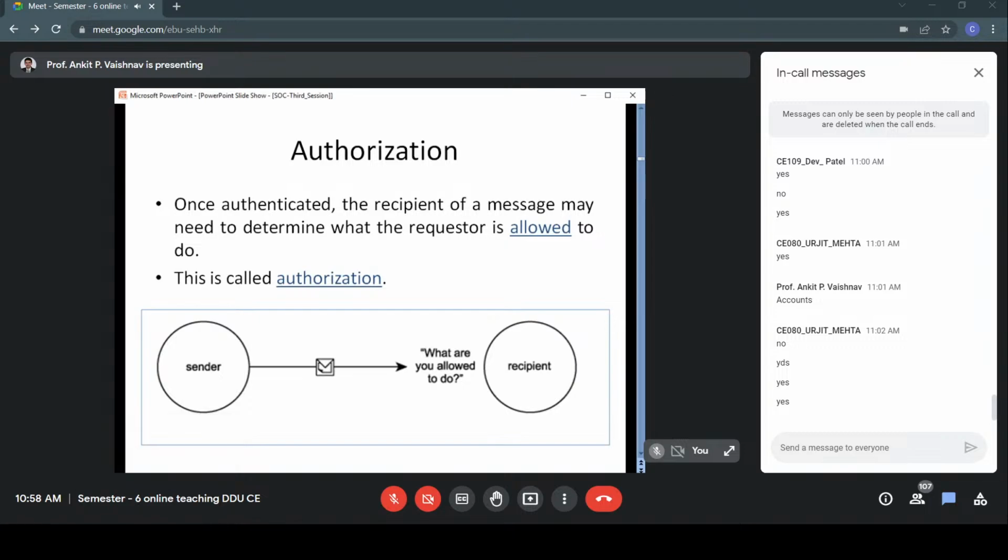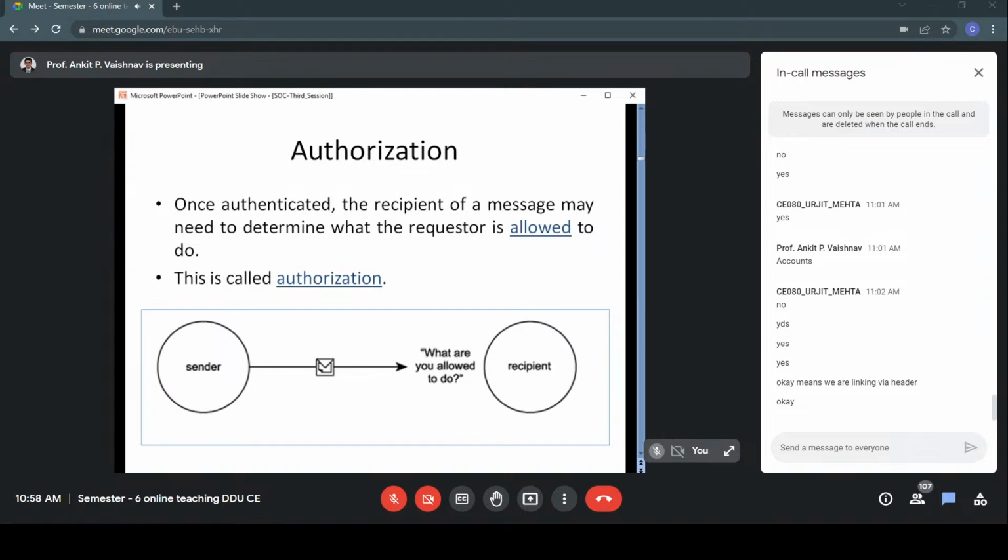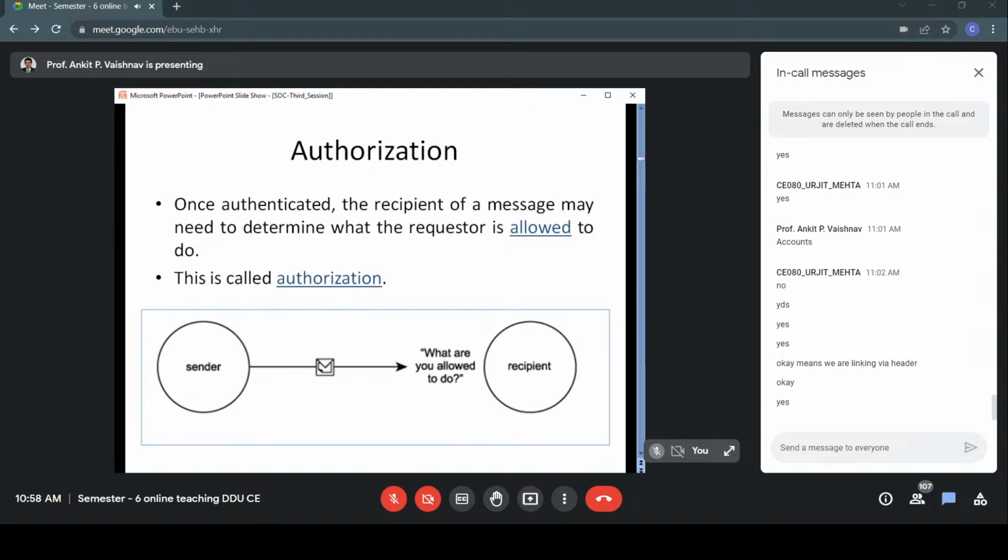Okay. So if we let the account service do the authentication and authorization once, once for all, that means now after the authentication is done, yes, exactly, you are linking via header, and that is why no principle will be violated. I hope you are getting that, right? Everything is there in the SOAP message, right?